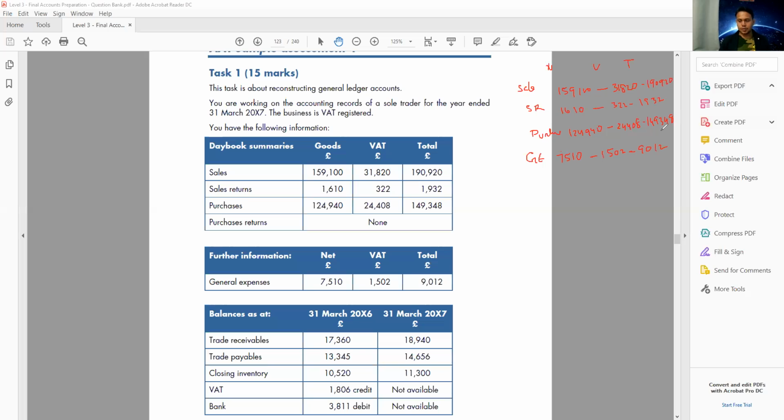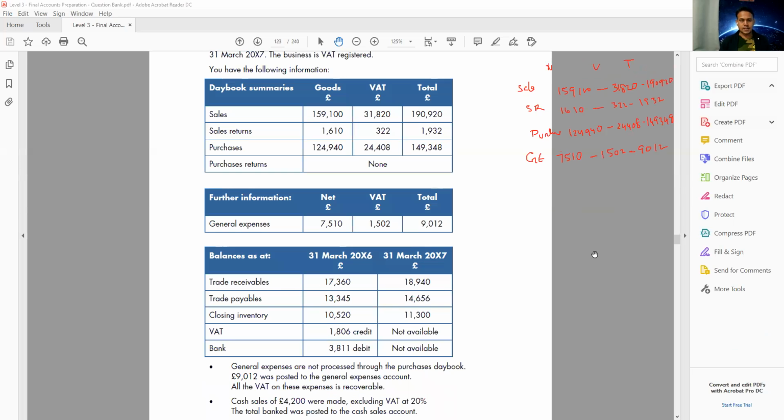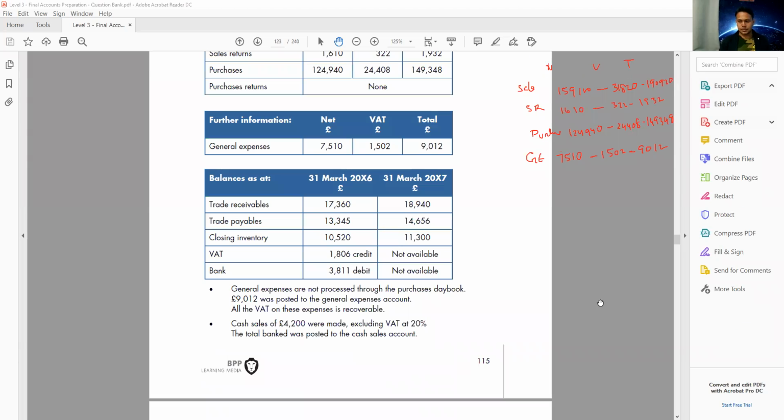Then we have some opening balances and closing balances. Let's have a look. So we have opening and closing balances, 31st March 6 and 31st March 7, that's the closing balance. Trade receivables we have 17,360, closing 18,940.